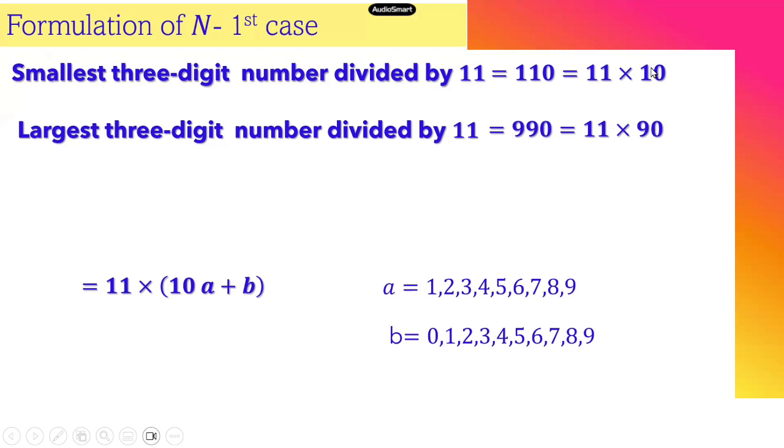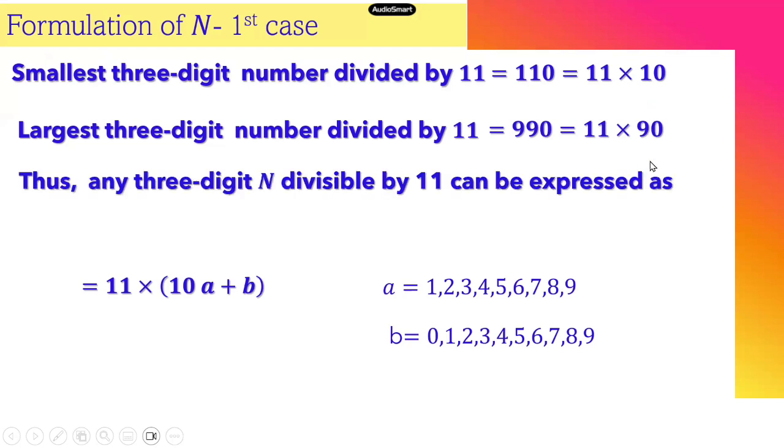So, since n is divisible by 11, it can be expressed as 11 multiplied by a two-digit number, because the maximum is 90 and the minimum is 10. So a two-digit number between 10 and 90.